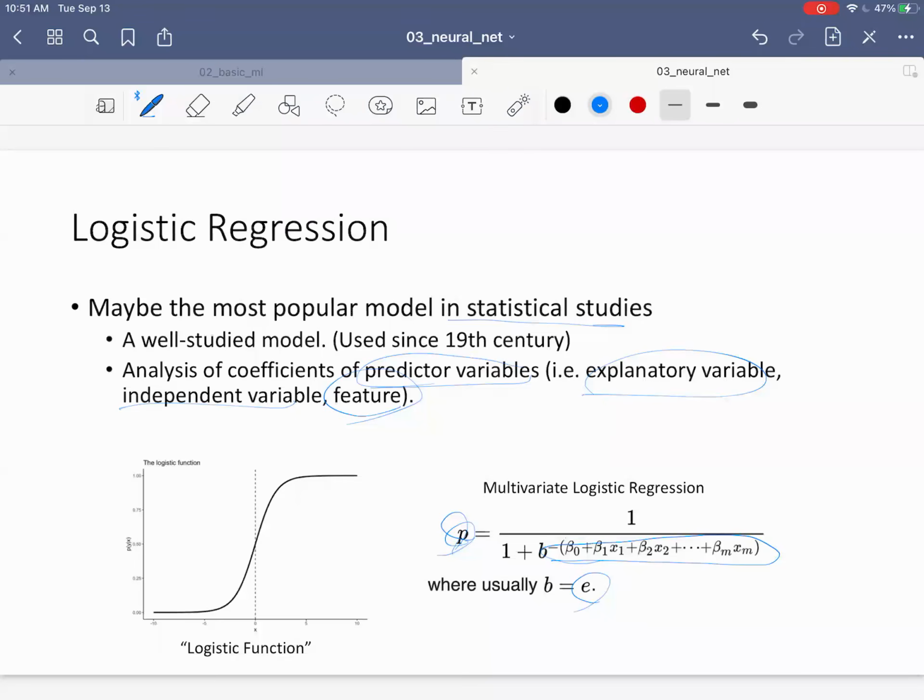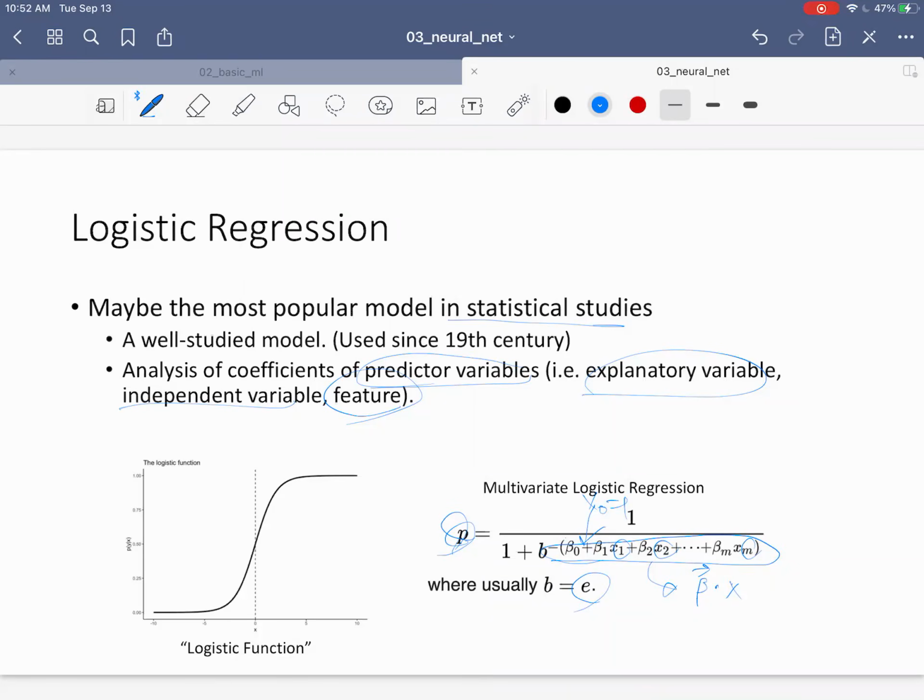You can actually convert it into a vector form. Your betas will be the coefficients, so there's the beta vector inner product with your x's: x1, x2, all the way to xm. You can consider there's an x0, which is 1, abbreviated here, ignored here. So you can turn this notation into beta inner product x.